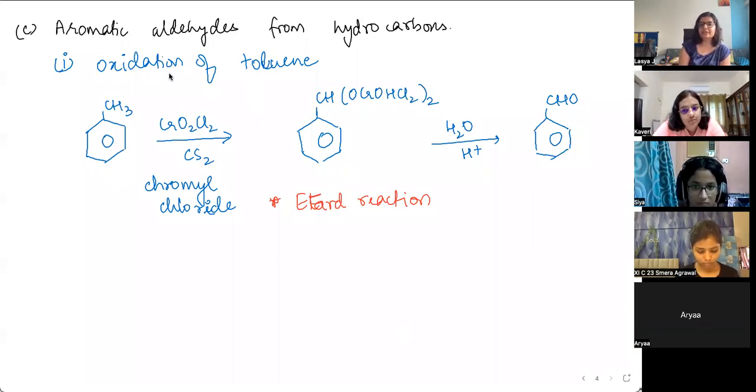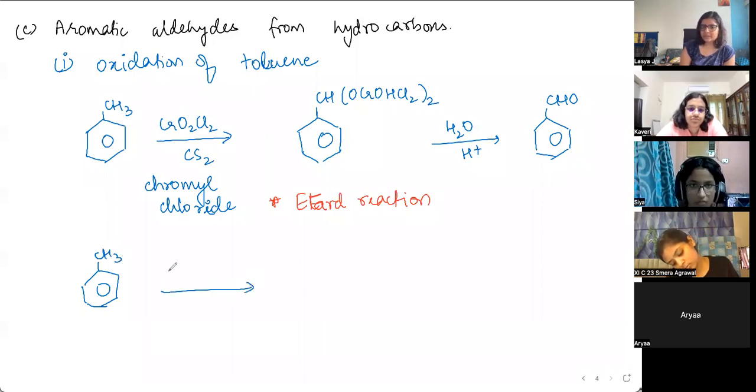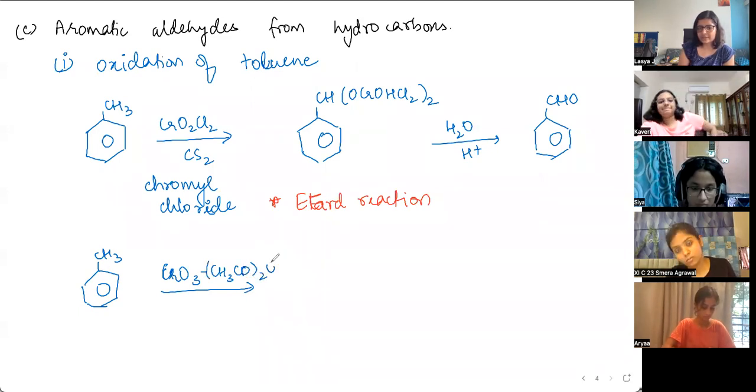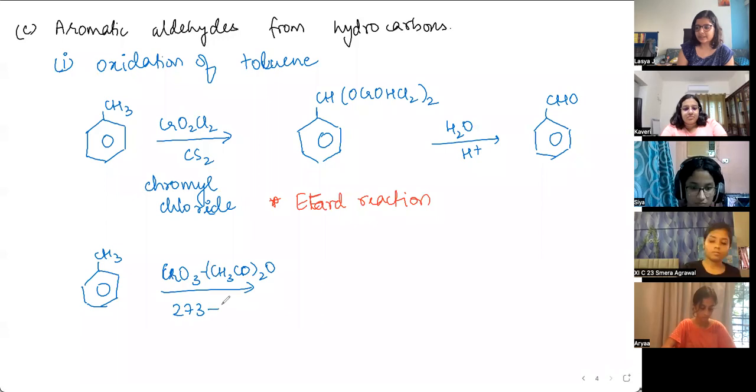This is not the only oxidizing agent. Another oxidizing agent you can use in place of chromyl chloride: same thing, take toluene, heat it with a mixture of CrO3 and (CH3CO)2O. So this is a mixture of chromic oxide and acetic anhydride, at between 273 to 283 Kelvin.